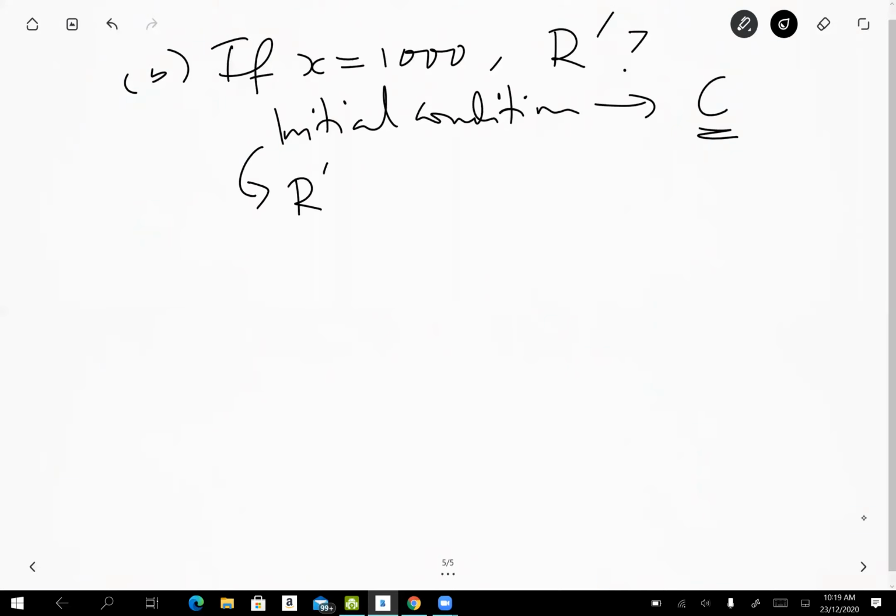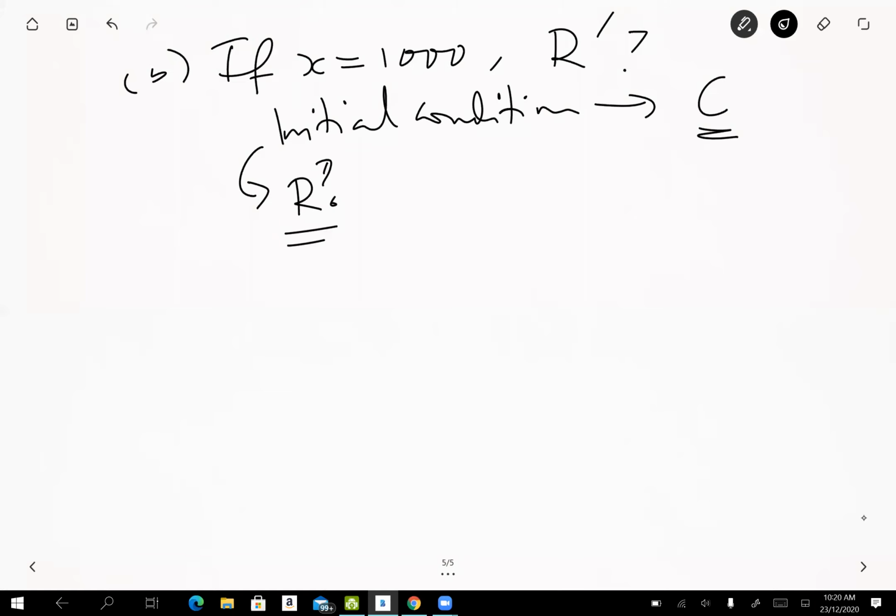How do you get the initial condition? What is the initial condition for revenue that we know? I think we have been talking about this for the past few chapters. What is the point that is common for any revenue function?